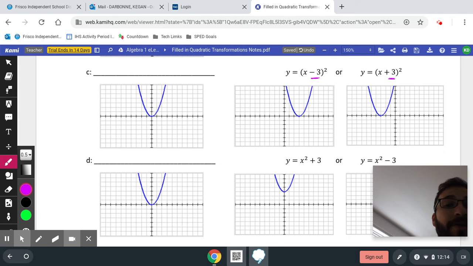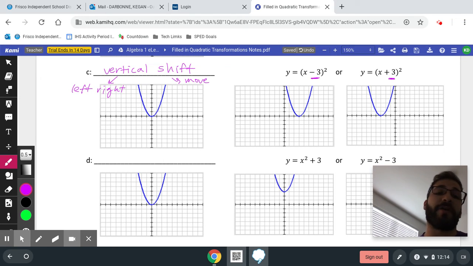So our C value is our vertical shift. And by shift, that just means to move. And then vertical is just the same as moving left or right, because we're moving that vertical line of our graph.